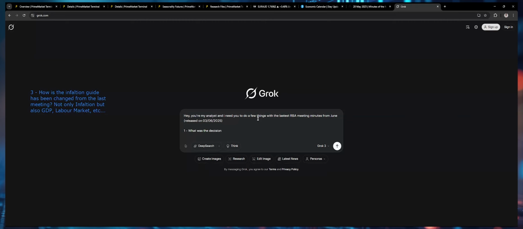I forgot that I've stopped sharing my screen, so I have to write everything again. But anyways, what was the decision? Are they leaning towards continuing to cut, hike, or neutral?